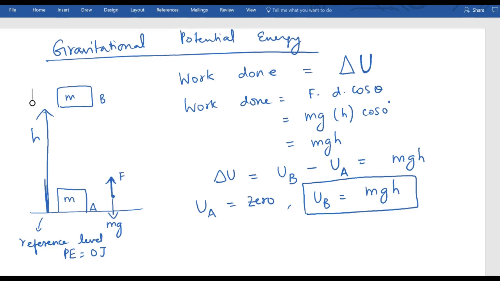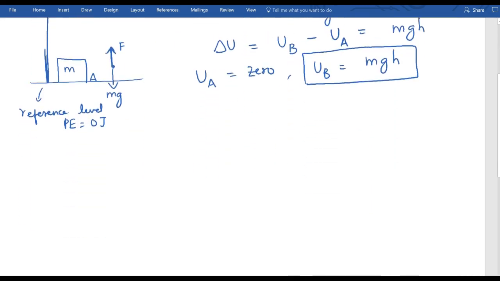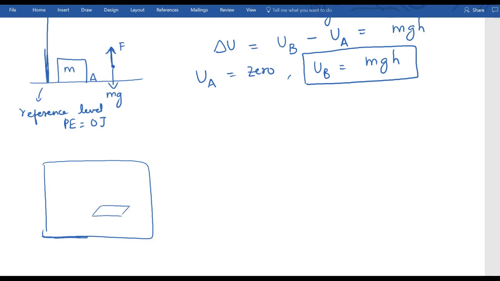So suppose I'm doing some experiments inside the classroom, so say this is the ground and then you have a table. If I choose the ground as my 0 potential energy, that means an object here or an object here will have positive potential energy relative to the ground.